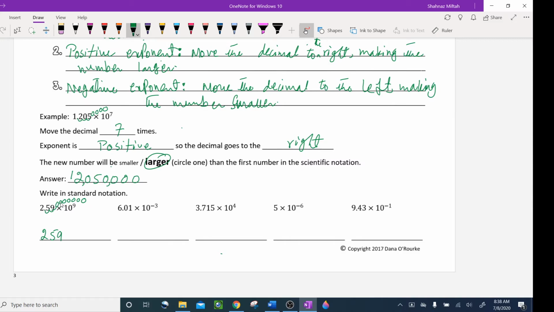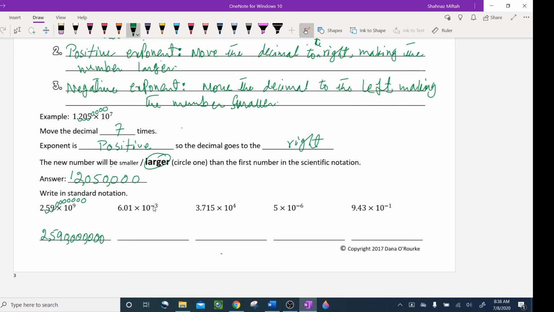And how many zeros? 1, 2, 3, 4, 5, 6, 7. I'm supposed to write 7 zeros. So that's how you write your zeros.